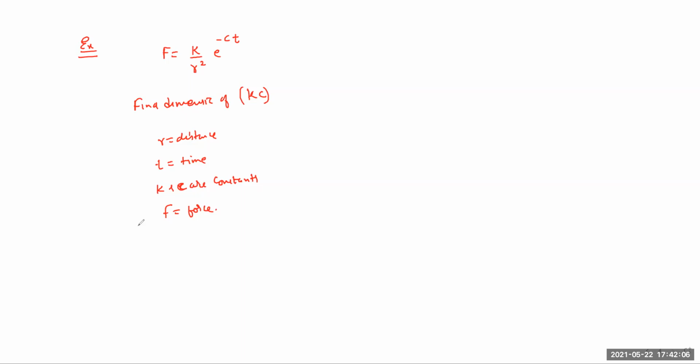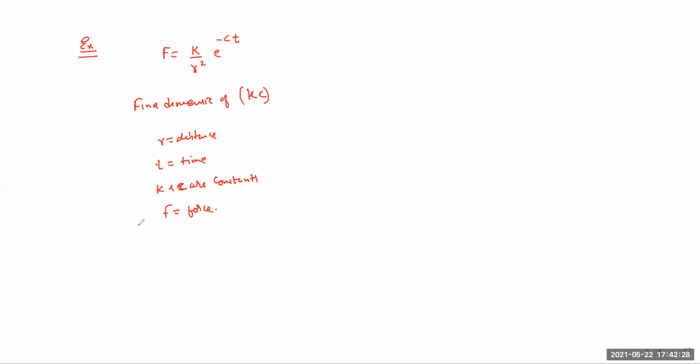So the power of any number is dimensionless. Sir, but you said that C single term can have dimension. Yeah, C will have dimension, but CT, the product, will be dimensionless. The net power is dimensionless, right?